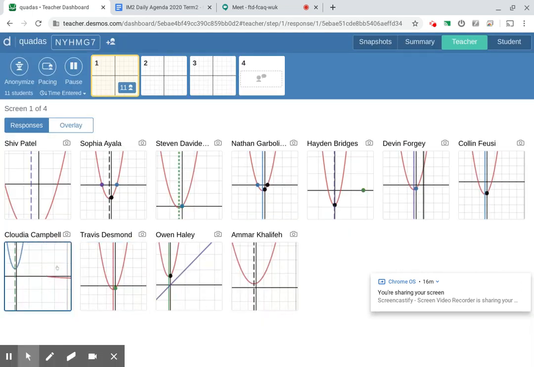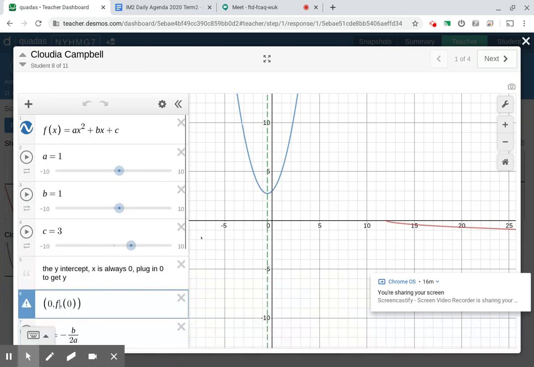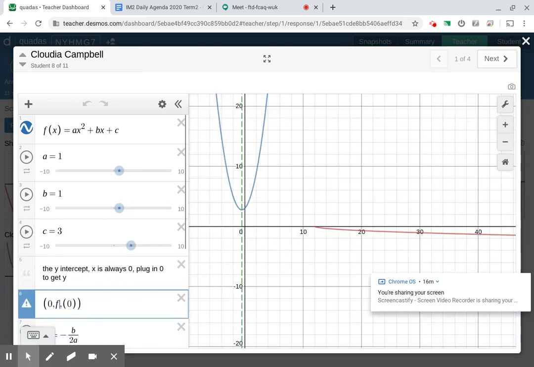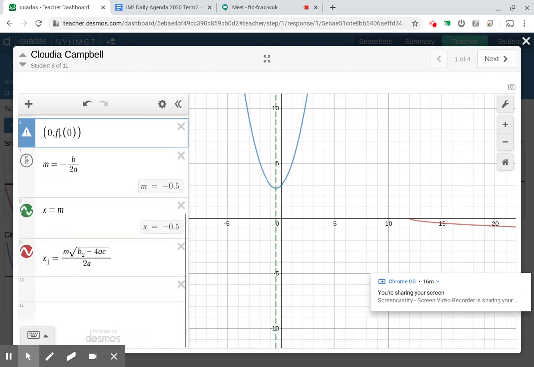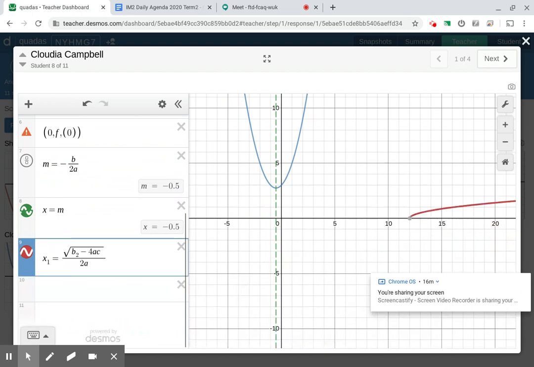Let's see, Claudia. Now, notice how the x-intercepts disappear when your graph is, let's see. Claudia, for yours, you want m on the outside and then plus, and it's not b2, it's b squared.